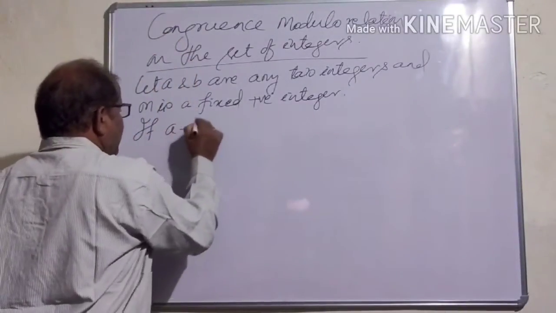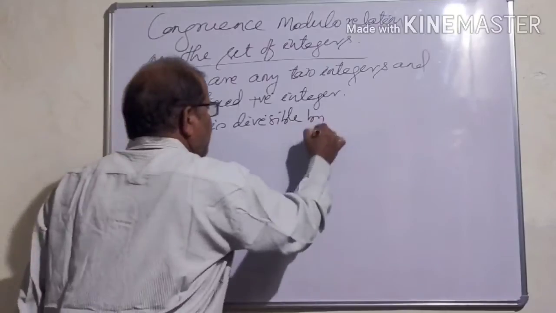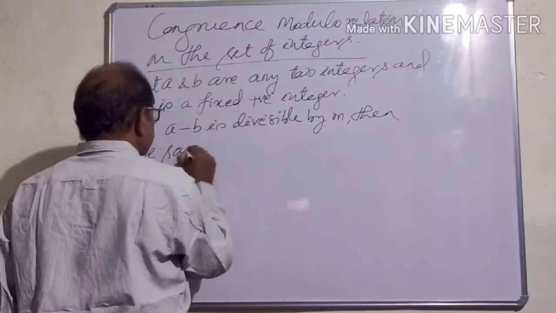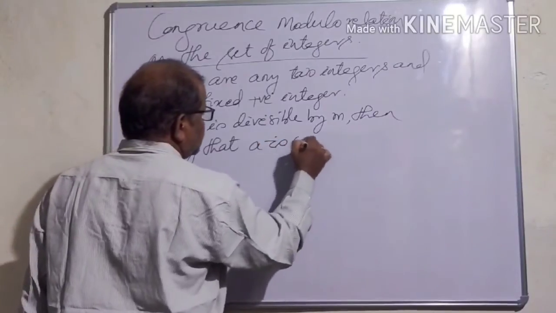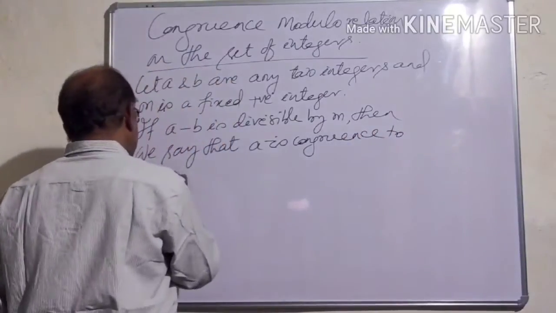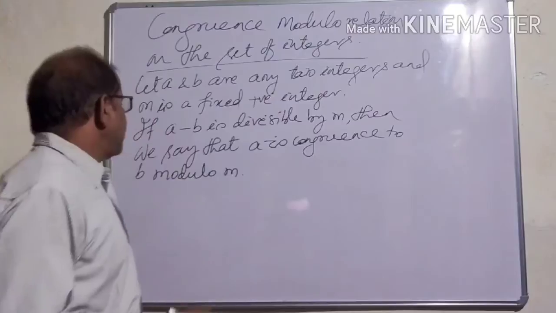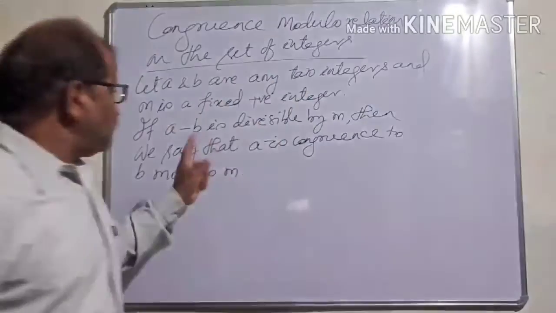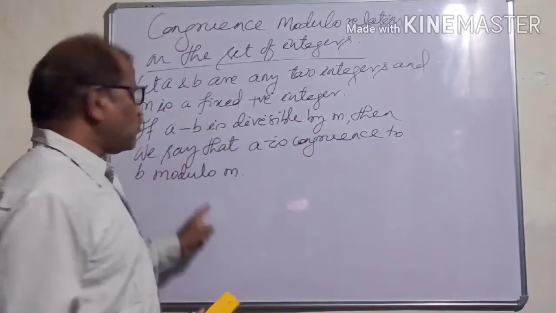If a minus b is divisible by m, then we say that a is congruent to b modulo m.